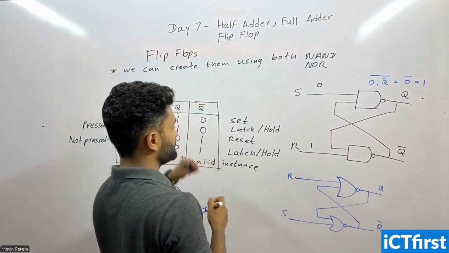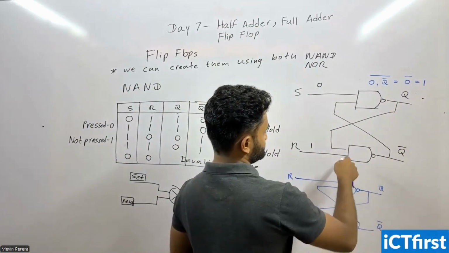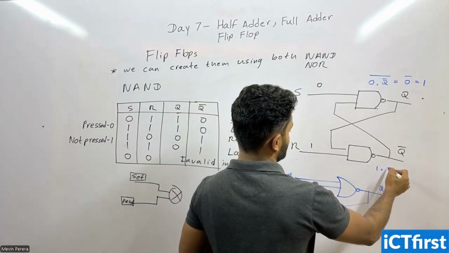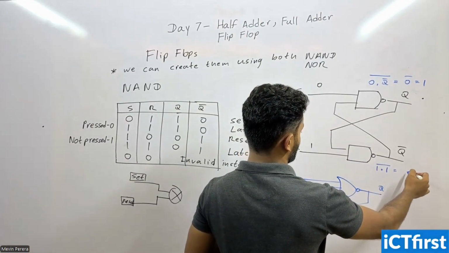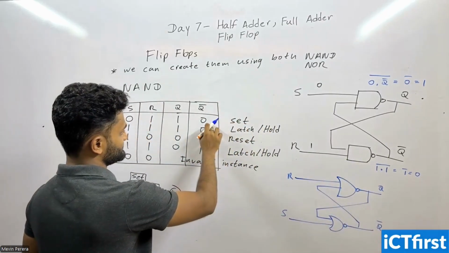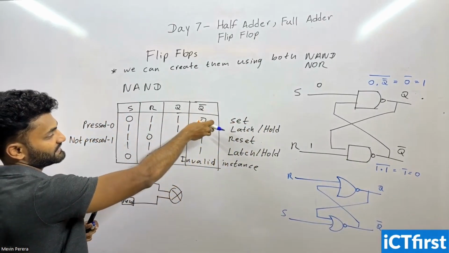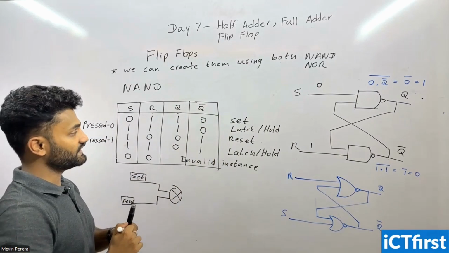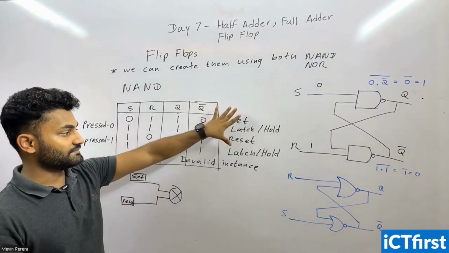So we got Q as 1. Then once again here 1 dot 1 bar. So 1 dot 1 bar is 1 bar, that's 0. So Q bar is 0. So we got this instance. So similarly, y'all can check the other instances as well. You'll be getting the same type of answer.